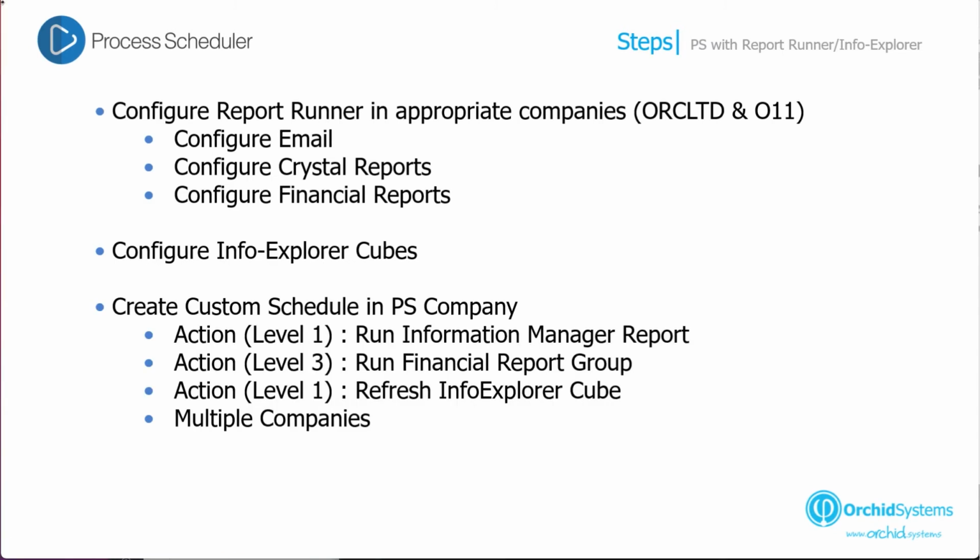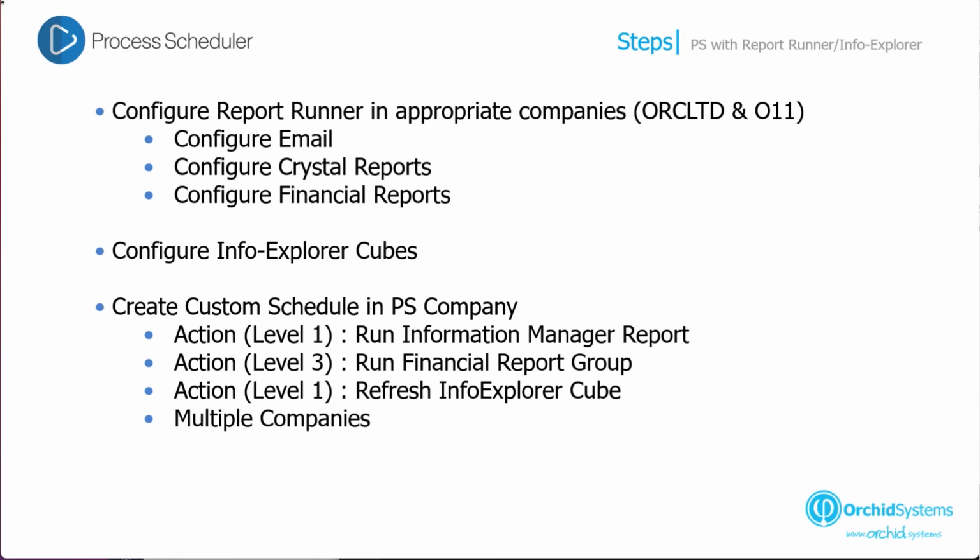And then we're going to create a custom schedule in Process Scheduler, and it's going to have 3 steps per company. The first step is going to be a level 1 action to run an information manager report, which will pick up and run all the crystal reports that are scheduled to be run by now.